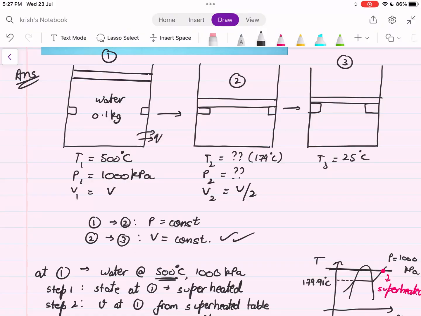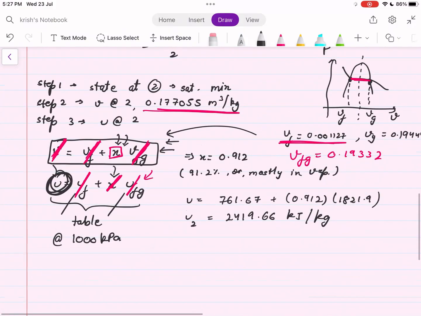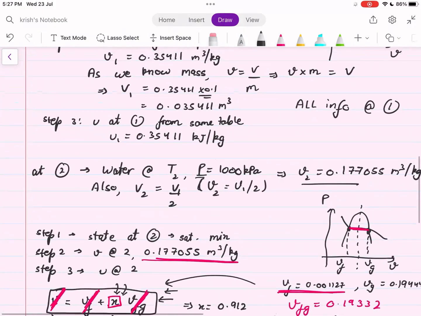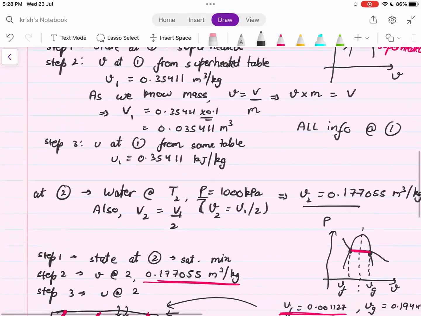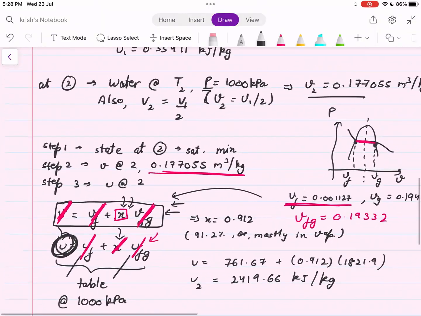However, since it is given in the question that the piston will come to 25 degrees Celsius, some further loss of heat must be occurring from 2 to 3 as well. However, we will solve all that later. Right now our primary focus is to find all of the data at the given states, right?